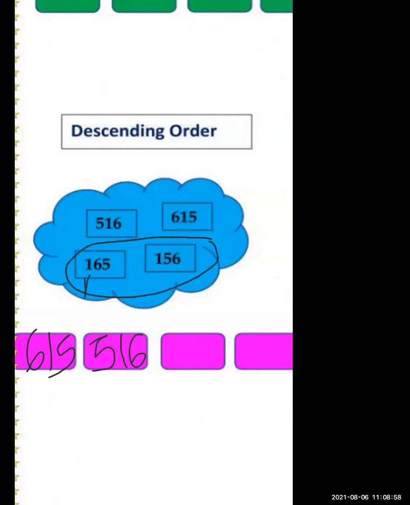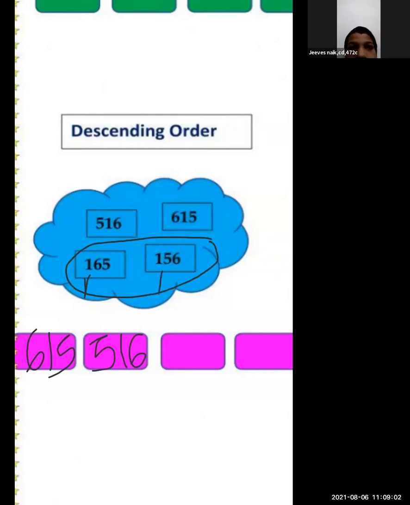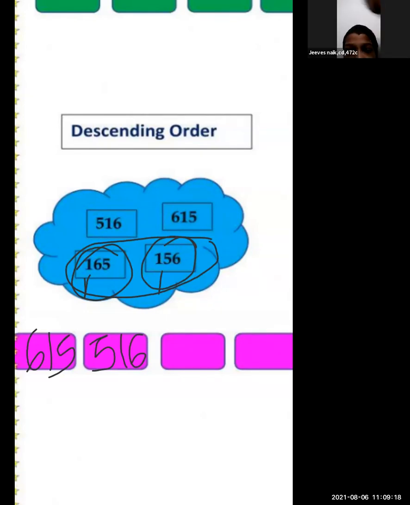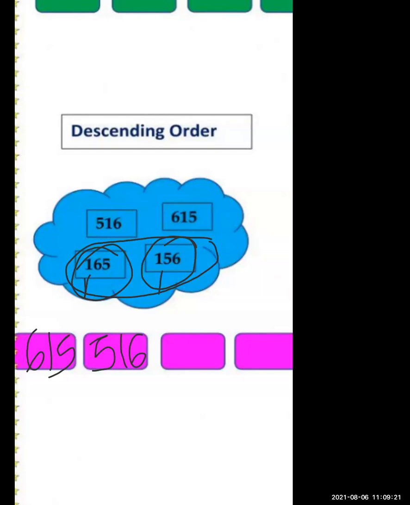One is in the 100 place, here also 100 place, and here also 100 place. So we go towards the tens place. Look at the tens place number now. Here the tens place is 6 and here the tens place is 5. So which is the big number? 6 or 5? 6 tens is the big or 5 tens is the big? 165.